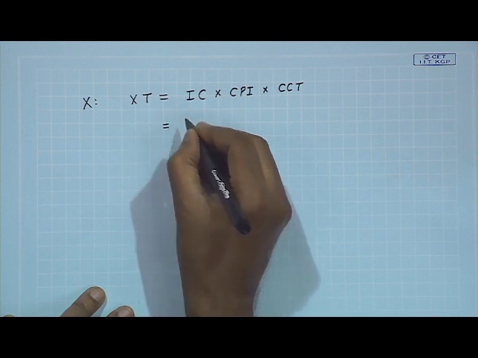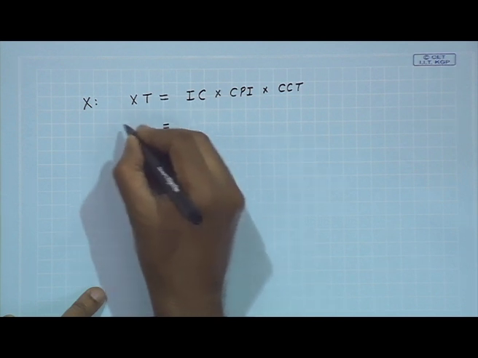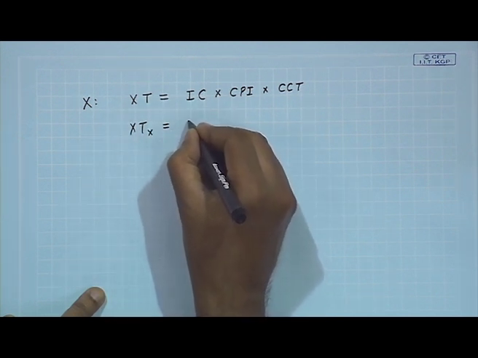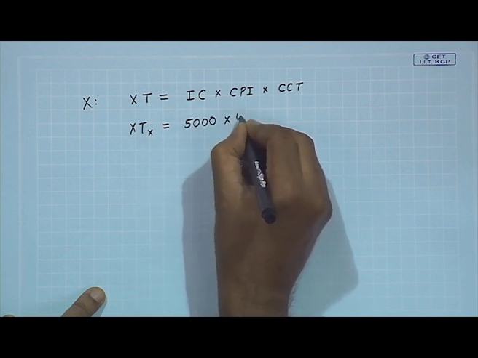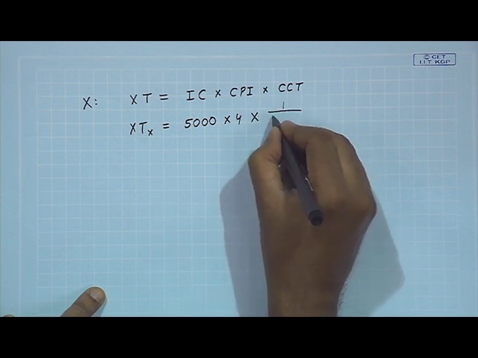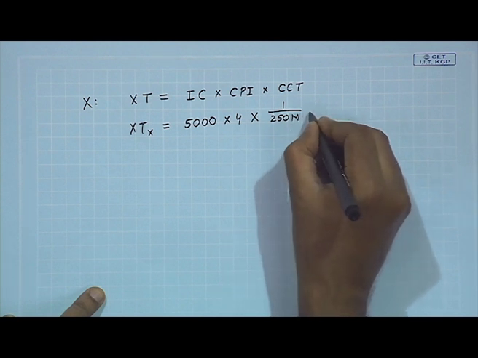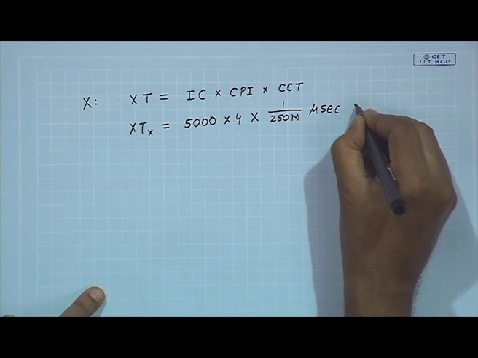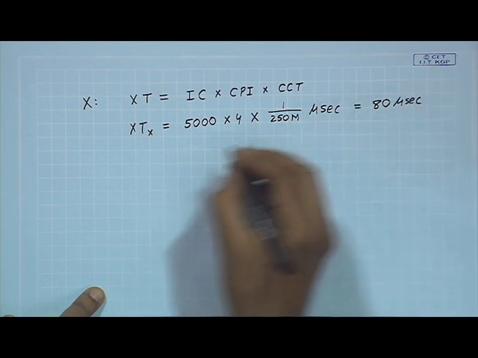So, for the first processor, execution time, let us call it T of X, will be: there are 5000 instructions, CPI is 4, it is running at a 250 megahertz clock. So, it will be 1 by 250 mega, this many microseconds. If you just calculate this, it comes to 80 microseconds.